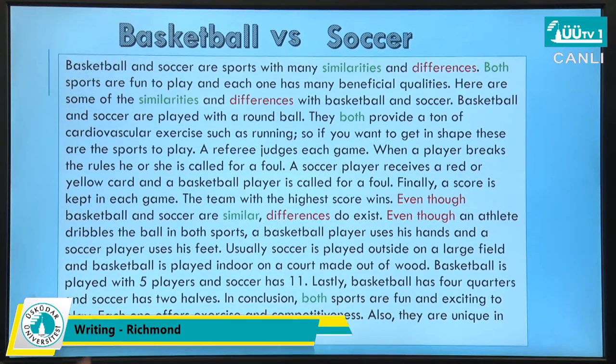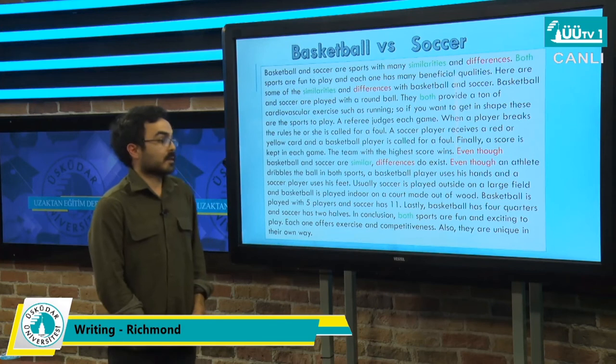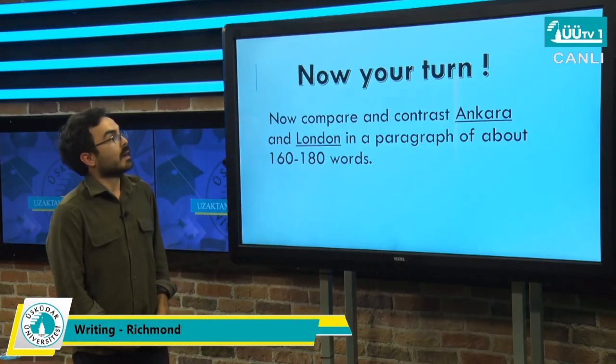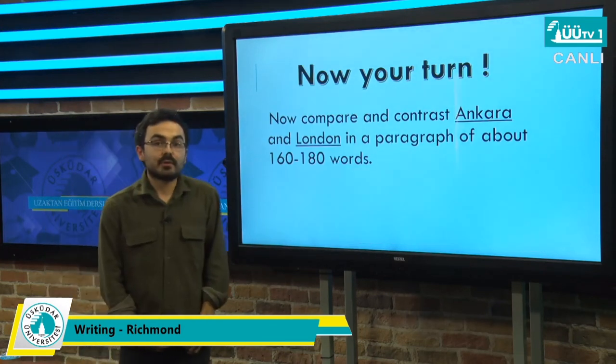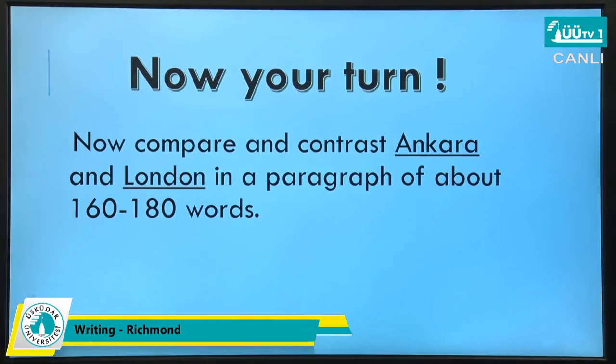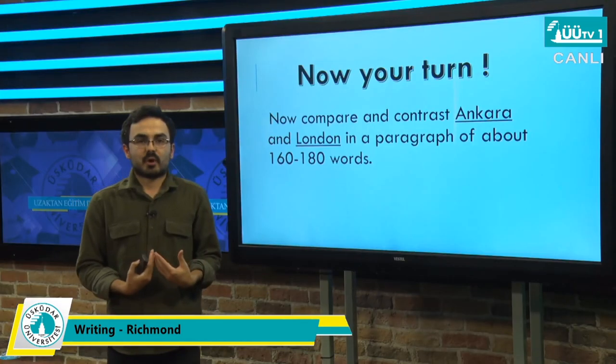Again, this is another text, but for today, I think we have finished our time with you, and now I want to give you a homework, okay? Now it's your turn. Now compare and contrast Ankara and London in a paragraph of about 160 to 180 words, okay? Try to brainstorm about this first, okay?